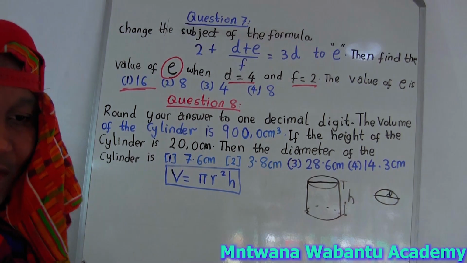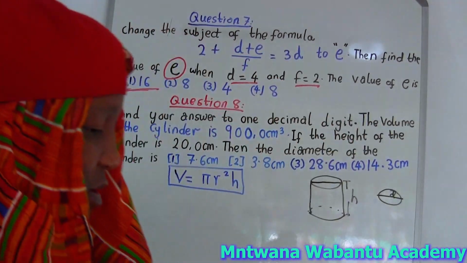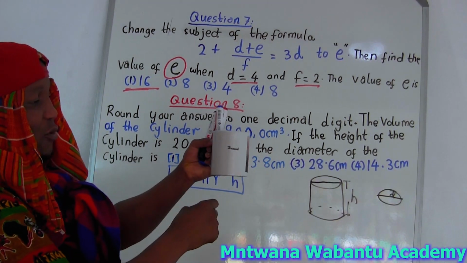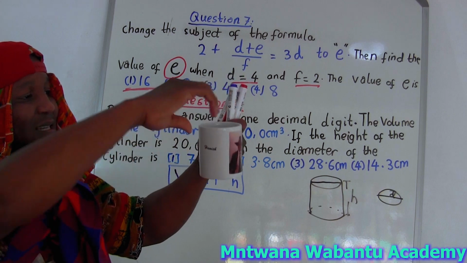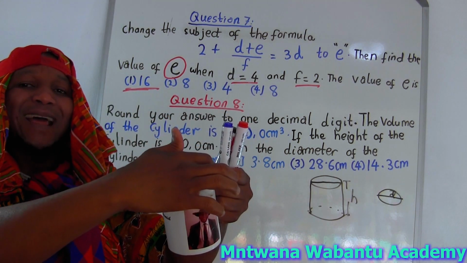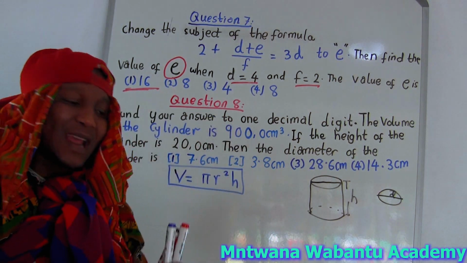For example, I can show you using a cup. Let me take a cup. See this cup here? This is the shape of a cylinder. It has a height, and you see you have a circle. The length from here to the end we call the diameter, but half of the whole diameter we call the radius, okay?